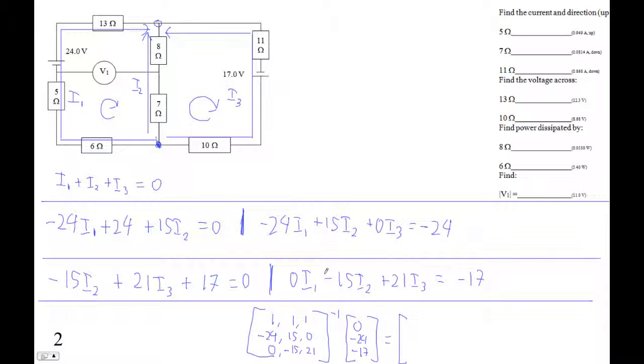Then I invert that matrix, go alpha zoom again, and go 3 by 1. The answers are 0, minus 24, and negative 17. There we go, I got the right answers.